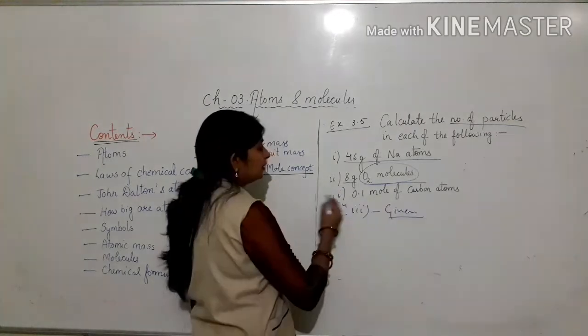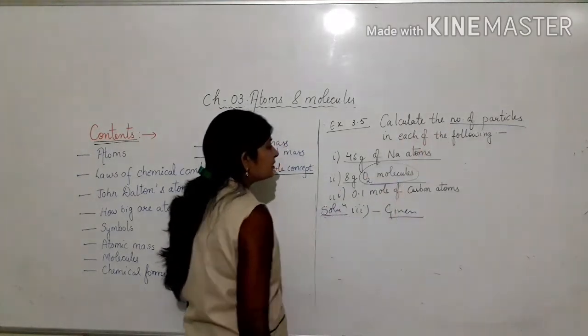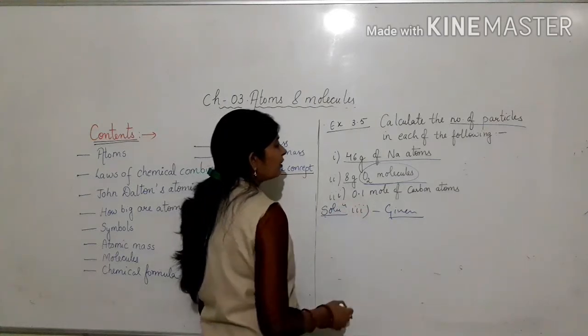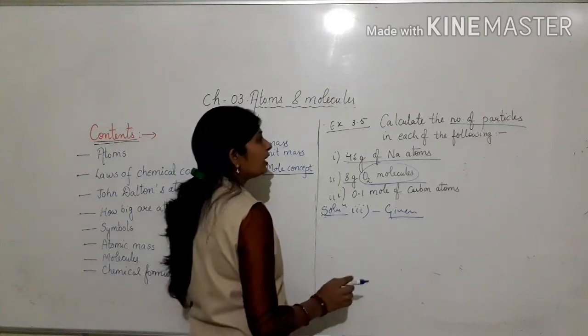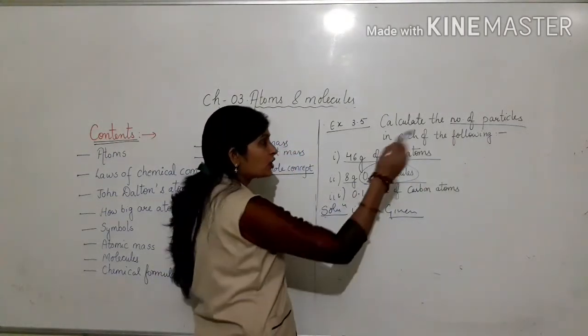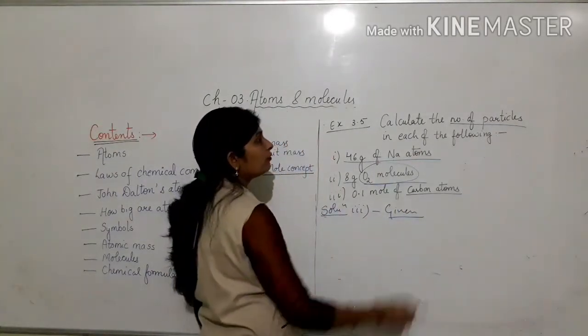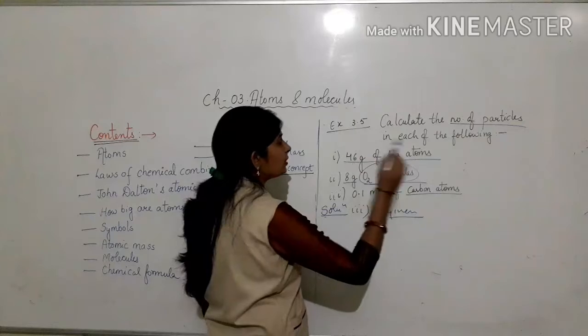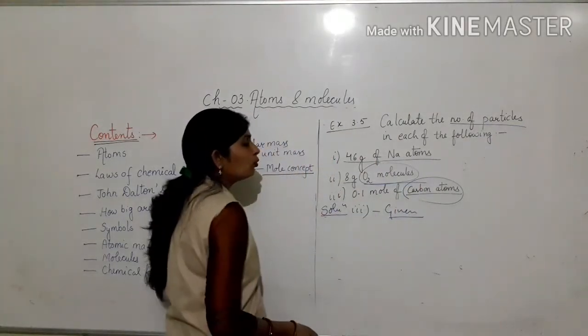In the third part, we have to calculate the number of particles in 0.1 mole of carbon atoms. Okay, so we have to calculate the number of particles. Which kind of particles? Carbon atoms. So we have to calculate number of particles, meaning number of carbon atoms, in 0.1 mole.